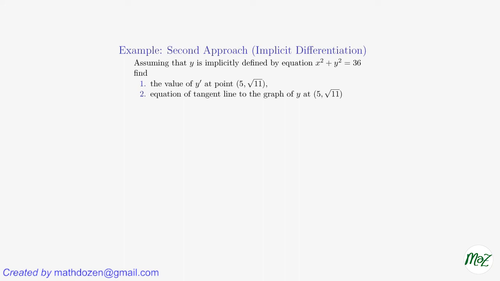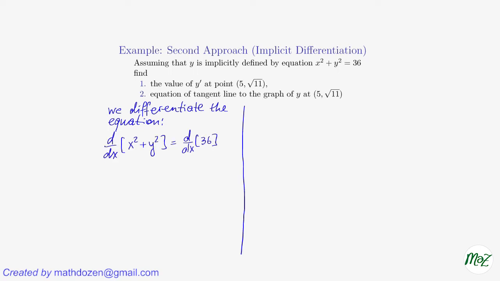Now, to illustrate the second, more efficient approach, we'll solve the same problem using implicit differentiation. We start with the equation x squared plus y squared equals 36 and differentiate both sides. So we take the derivative of the left hand side, and it should be equal to the derivative of the right hand side.